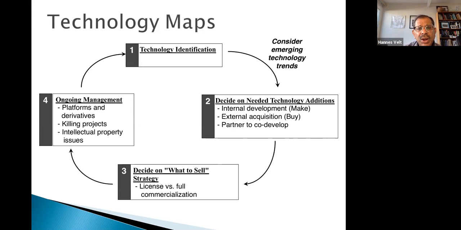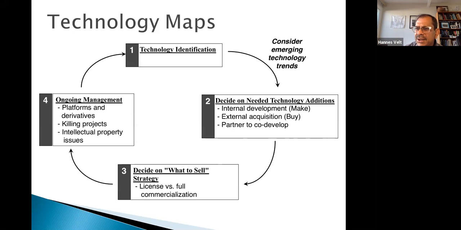Now, once you've taken stock of what technologies are in your internal portfolio, you look outside and you try to look at what are some of the emerging technology trends. Currently, I think you would all agree that there's a huge trend in artificial intelligence being applied across so many different industries.